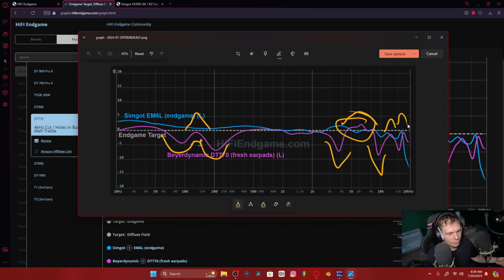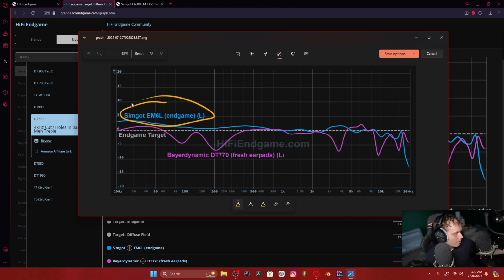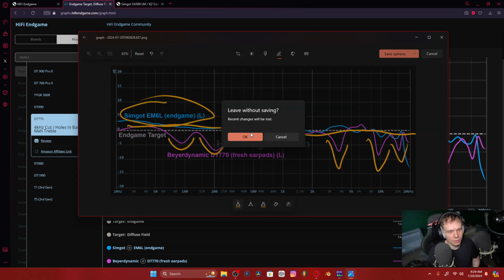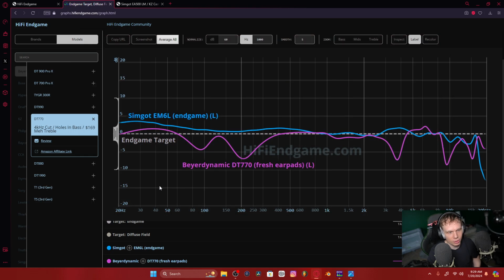So it's a double whammy. But we can see how the SIMGOT EM6L, these actually are a lot better than these studio headphones that a shit ton of people use, because it doesn't have all these cuts in the frequency response. And it's basically the same exact tuning, except you don't have all those dips and cuts throughout the response.